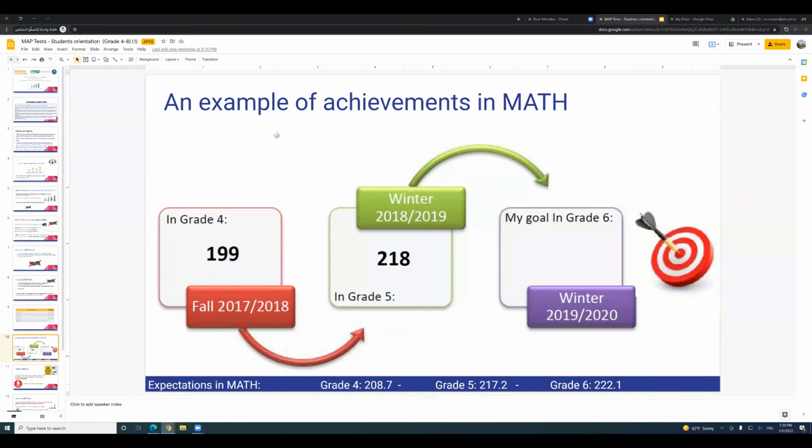In grade 5, you achieved another 19 points. So that's good. What goal could you set with your parents for grade 6? Do you think you could add another 20 points, maybe get to 230? Here, for grade 6, we've put an example of 222 as your RIT score. I know they're just numbers, but within these numbers there are math concepts, reading concepts, or language concepts that go with these scores.